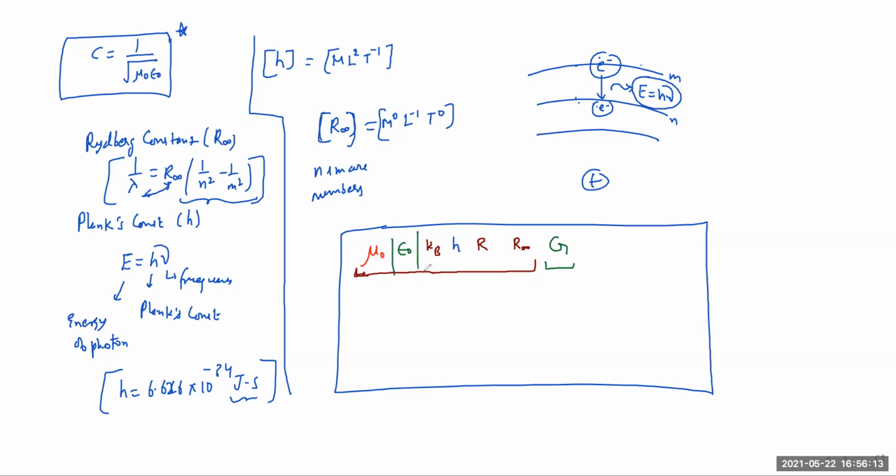Now, in physics, every difficult problem of JEE Advanced or JEE Mains will try to exploit these fundamental constants. These constants are very important because they are called dimensional constants. It means these are constants with dimension.